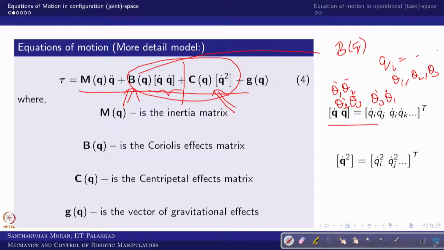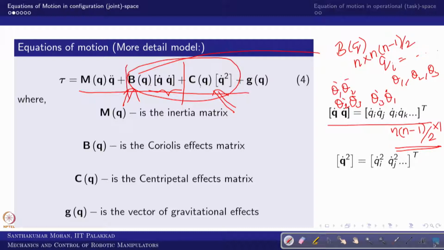In that sense, this is a vector. This would have n into n minus 1 divided by 2, cross 1, which is the size of this particular vector. In that sense, B of q would be n cross n into n minus 1, whole divided by 2. So this would be the size.